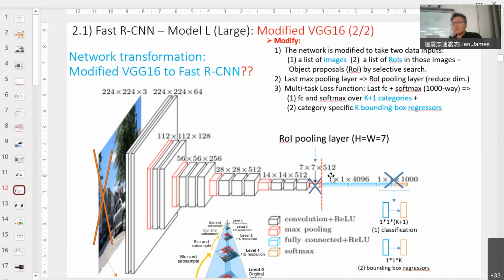But later people proved that 7 by 7 is too small. Even downsampling 4 times is okay, so people use 14 by 14 for classification, and the result is better, even for detection.